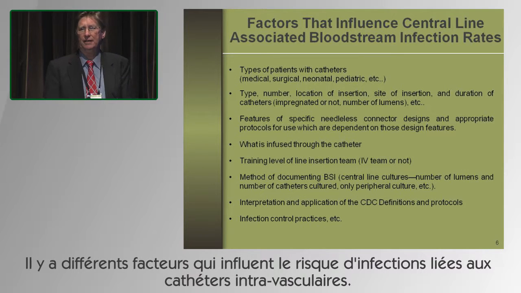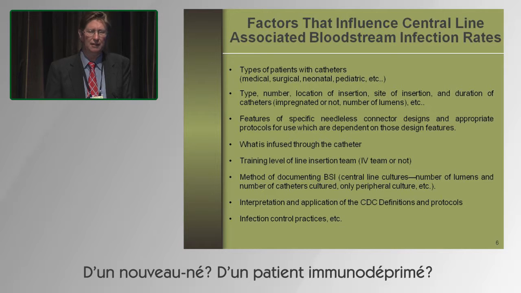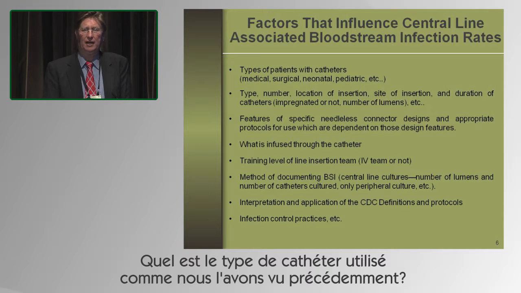There are a wide variety of factors that influence the infection risk associated with an intravascular catheter. First is, what type of patient is it? Is it a medical or surgical patient, a neonate, a patient with immunocompromise? What is the type of catheter being used, as we saw previously?